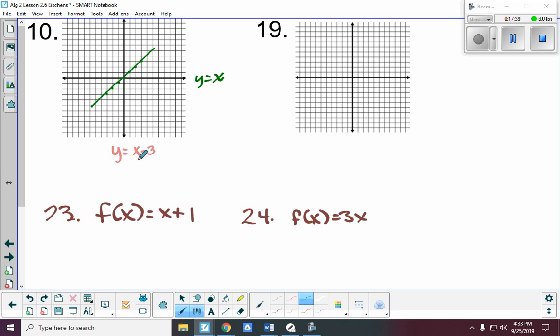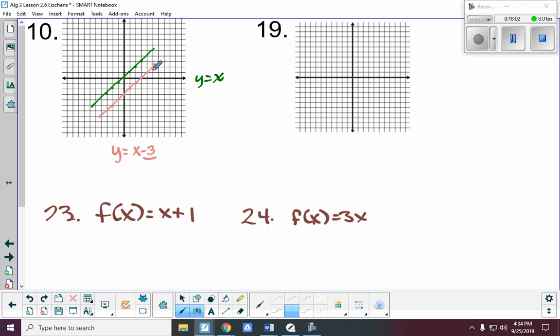And then y equals x minus 3, so think about what that's going to be. That is going to be a translation where every value goes down 3. So then just take the parent function and take every point and move it down 3. And there is your new graph.